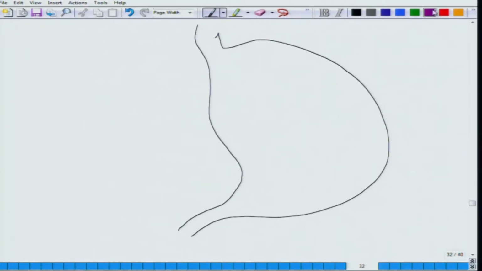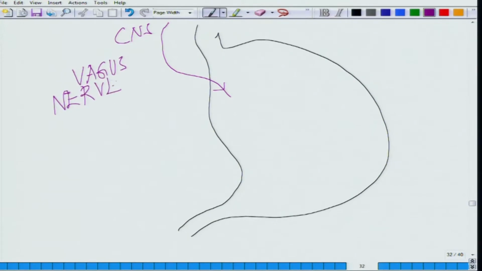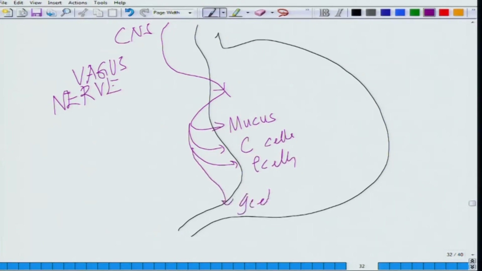So, from the central nervous system, I am putting them in maroon, these signals are coming through the vagus nerves. Okay. And they are stimulating the mucus cells, chief cells, parietal cells, and the G cells.